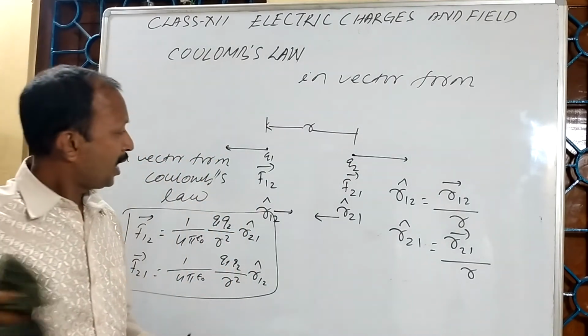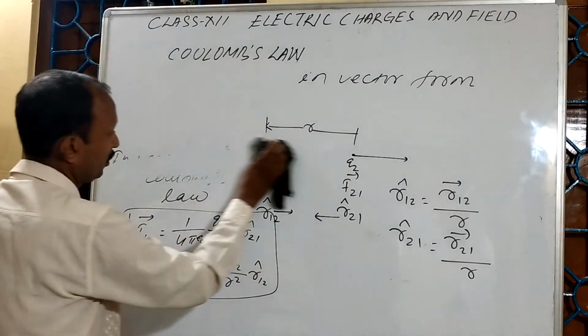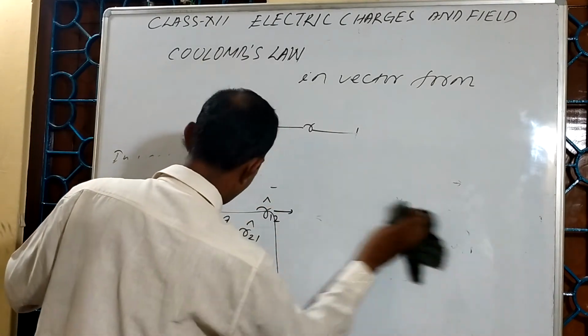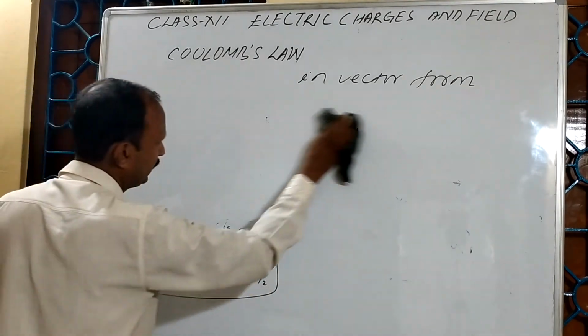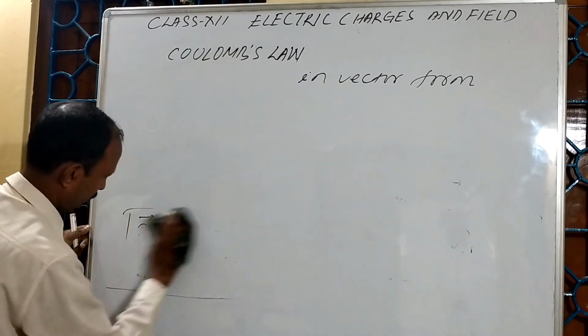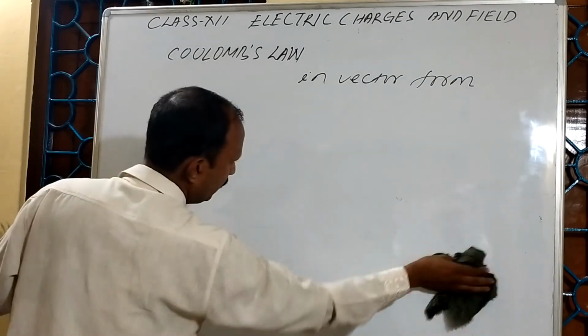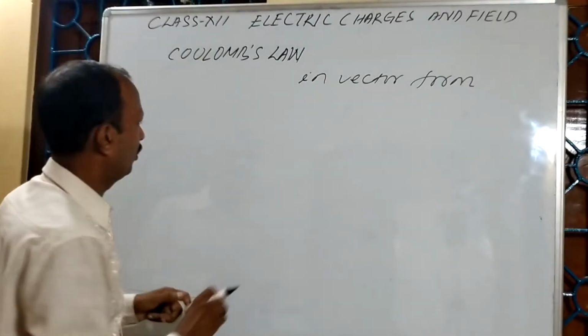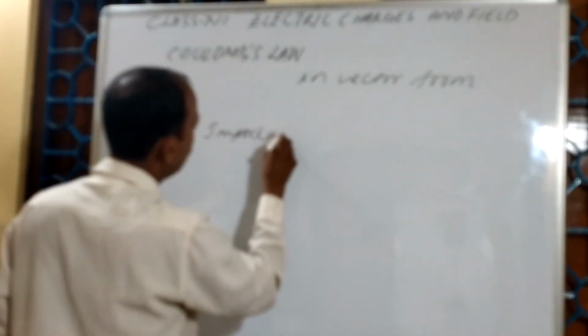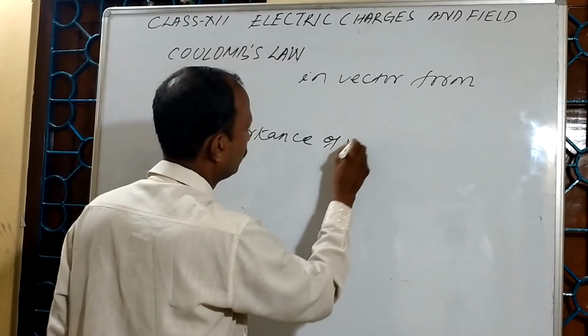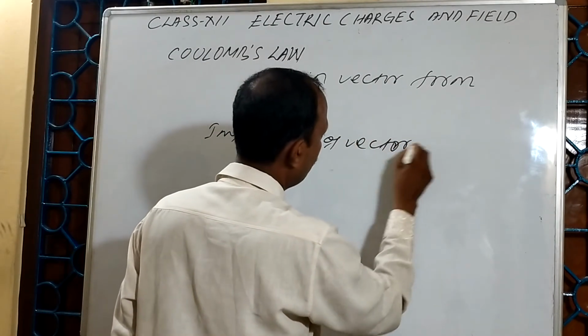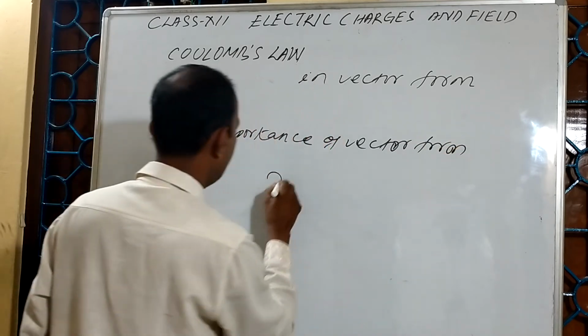So what is the importance of the vector form? From vector form, what are we getting?